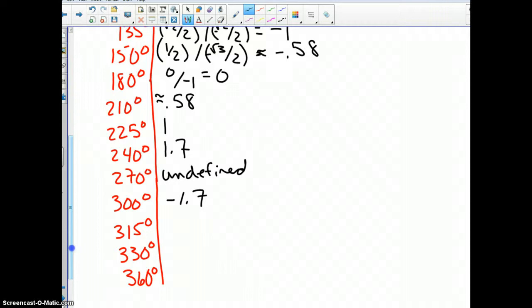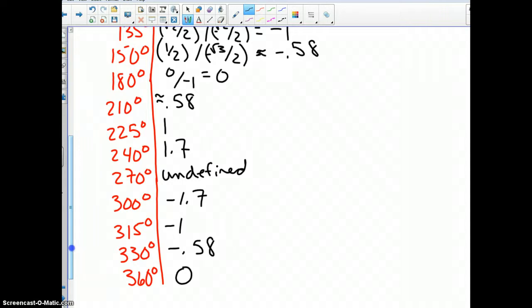At 315, we're talking about negative 1 for a value, and negative 0.58 for 330, and then lastly 360, you're back to 0. So if you have questions about how to do any of those numbers, we can address that in class on the next day.